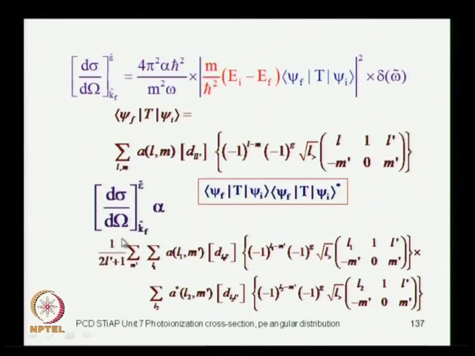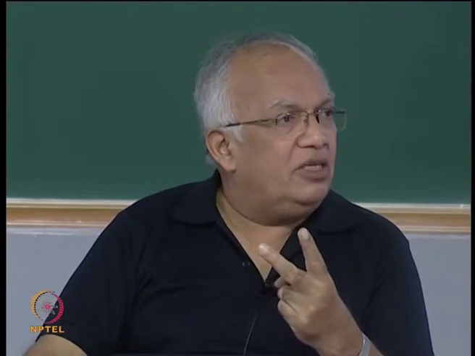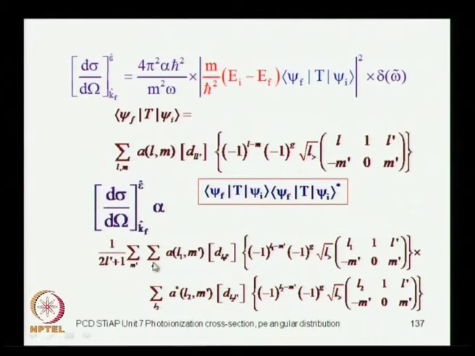So, you will have summations over L1 and L2, there are two summations over L quantum numbers and two summations over M quantum numbers. You will of course exploit the orthogonality relations of the Clebsch-Gordan coefficients. So, you are then left with an averaging over all the M prime states, because M prime goes from minus L to plus L.